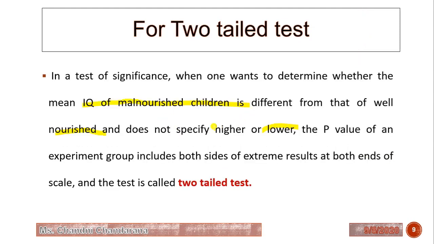But here there is no specification of higher or lower. We have to identify the p-value of an experiment group including both sides of extreme results at both ends of the scale, either this or this. That's why the test is called a two-tailed test, meaning we can get the extreme result at both ends.